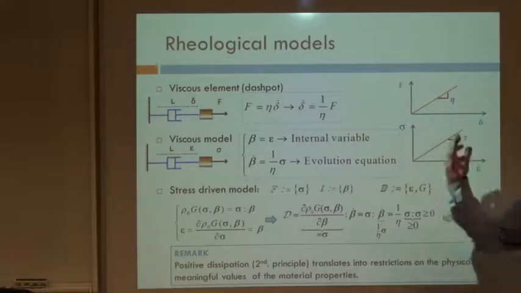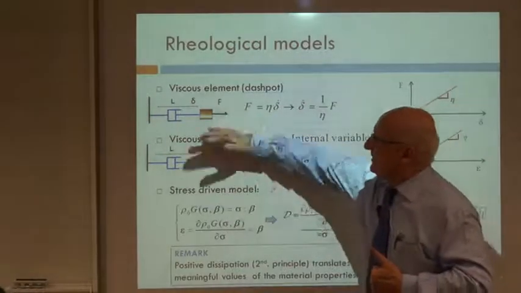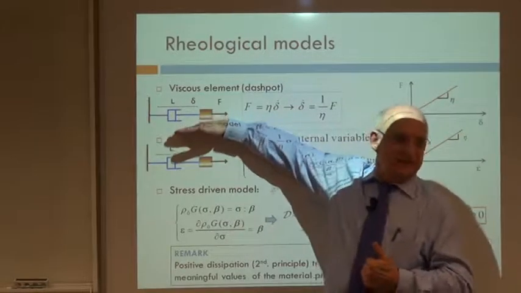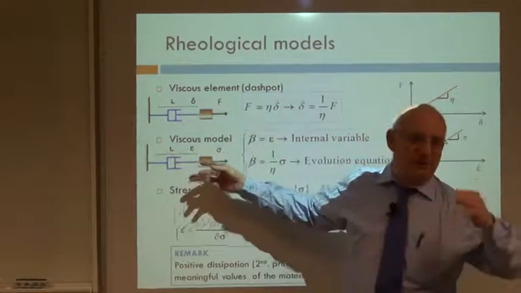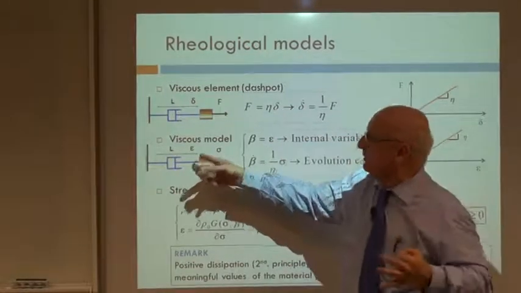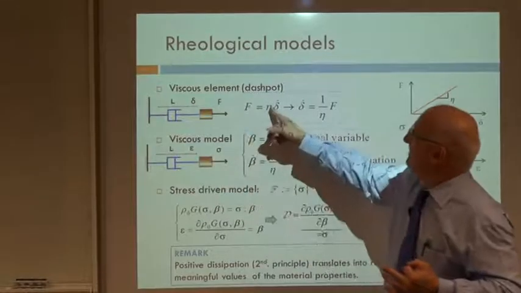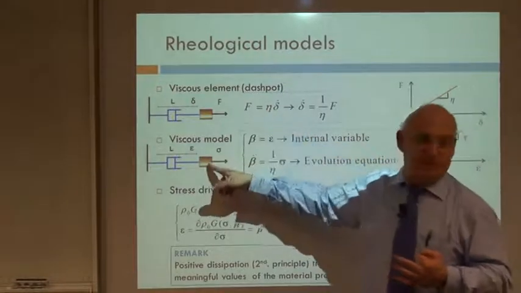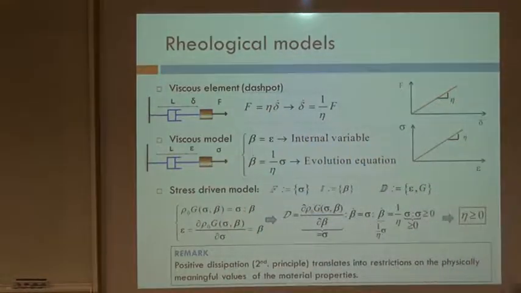So it says that, okay, you can derive a viscous model like that, but it's not physically meaningful if the viscosity that you take from this viscous model is negative. Viscosity only has physical sense if it's always positive. Okay, so let's go a step further.